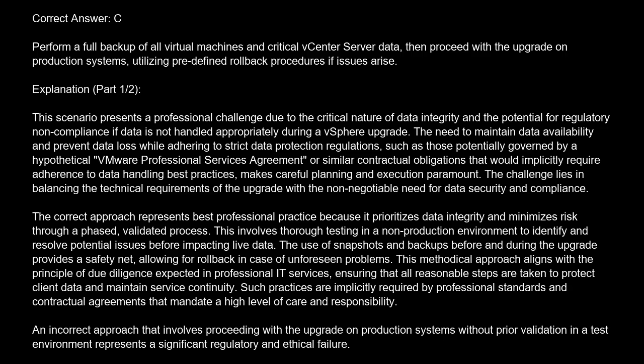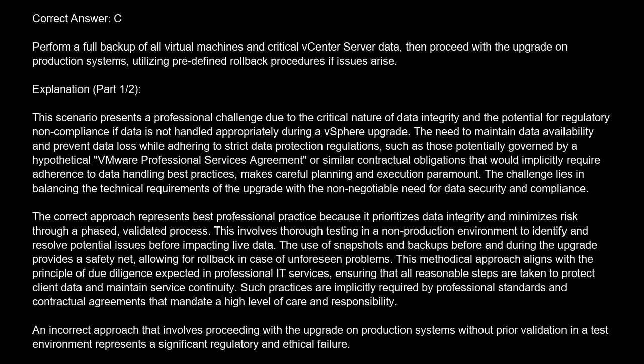The correct approach represents best professional practice because it prioritizes data integrity and minimizes risk through a phased, validated process. This involves thorough testing in a non-production environment to identify and resolve potential issues before impacting live data. The use of snapshots and backups before and during the upgrade provides a safety net, allowing for rollback in case of unforeseen problems.